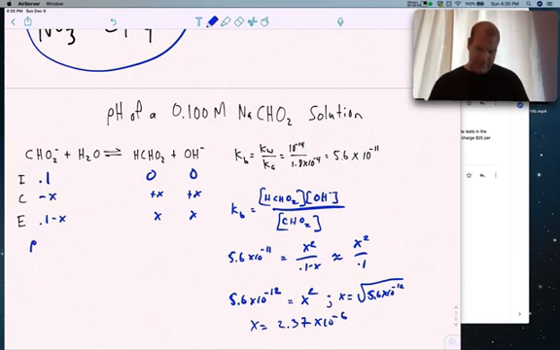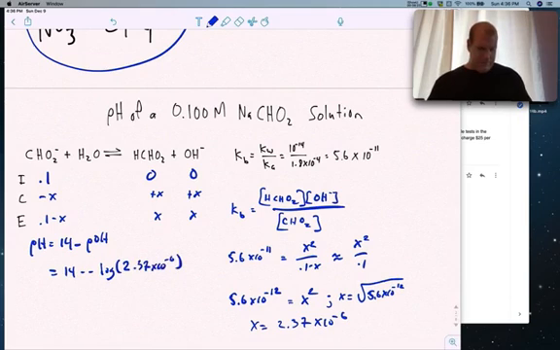The pH is going to be equal to 14 minus the pOH, which is 14 minus minus log of 2.37 times 10 to the minus 6. Let's put that in our calculator. 14 plus log of the answer, and we get 8.37. That is the answer.